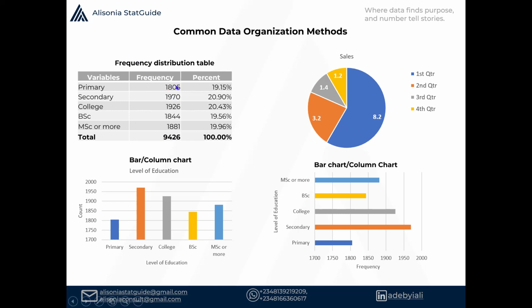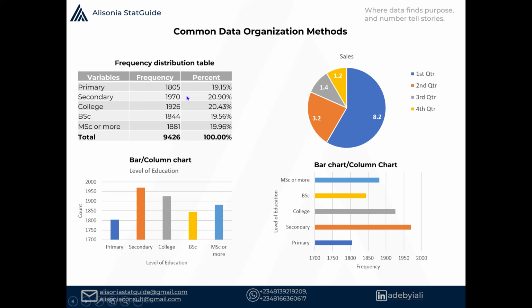Percentage is just this divided by this, then multiplied by 100%. So we have each percentage. You can say the total respondents or employees with a college level certificate is just 20.43%, which is 1,926 students.